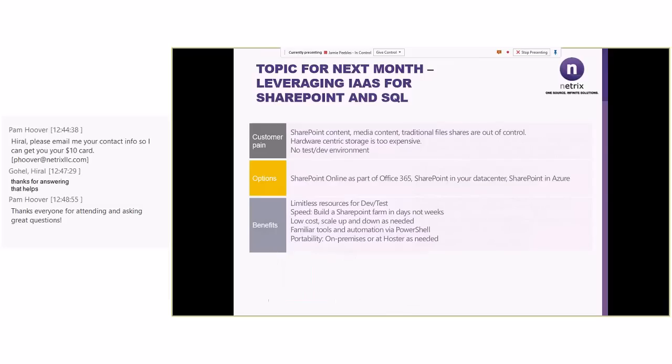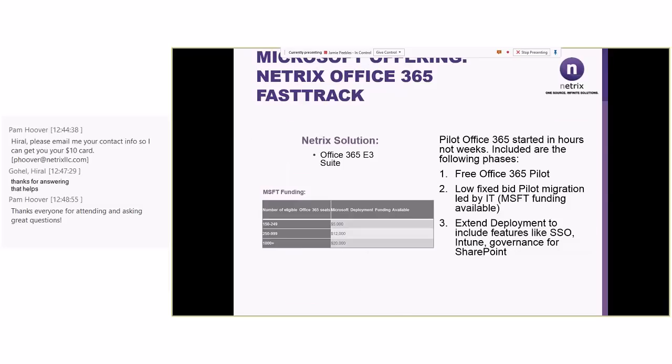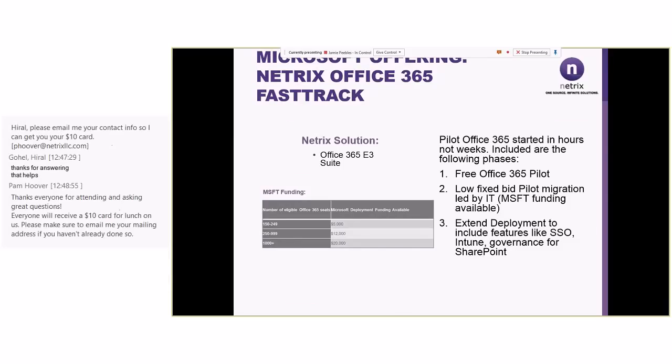We can talk about a fast track pilot. If you're an enterprise customer, you may have Microsoft dollars available to you to run through a pilot, to run through a deliverable stage, and we can work with you to find out what is available to you. That may not cost you a cent to run through this pilot.